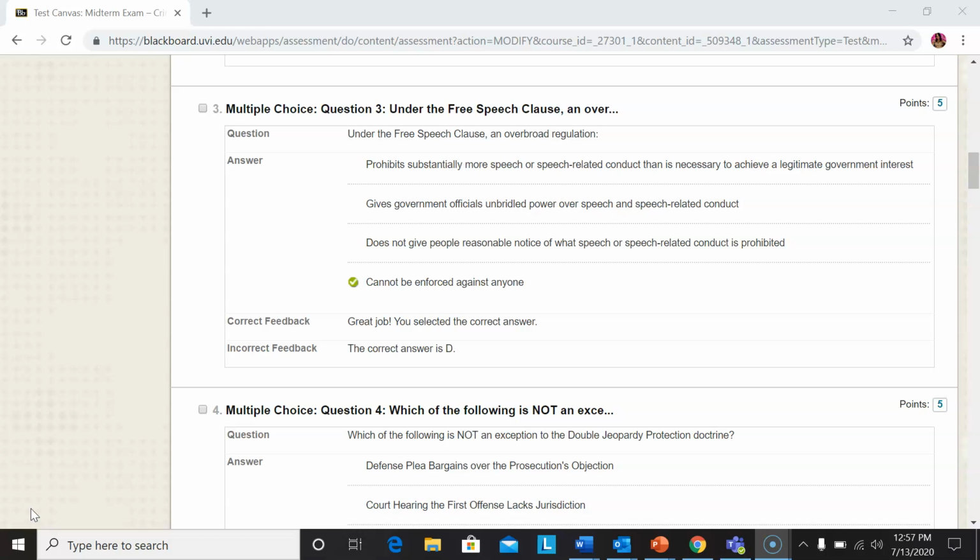The question is, under the free speech clause, an overbroad regulation. So from the time you hear that, you should start thinking, okay, this has to do with a regulation. Which standard of scrutiny applies? Because as I've told you before, this is where these strict scrutiny standards come into play.